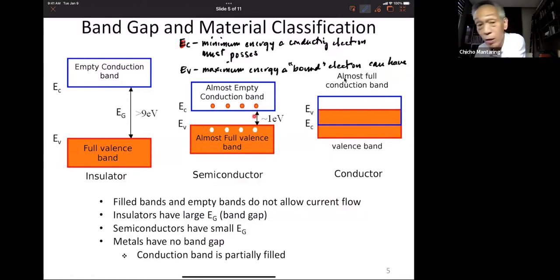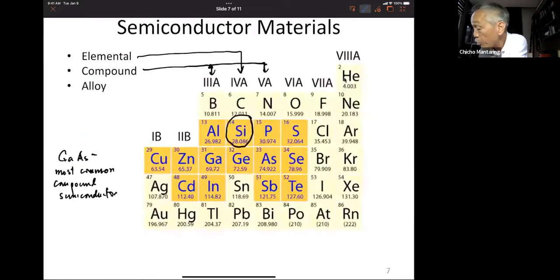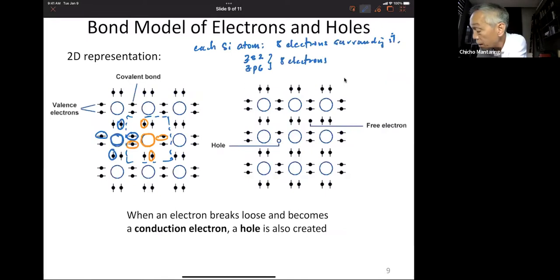When it jumps, it leaves a gap. We call this a hole, and now here you have a free electron. This free electron is no longer associated with any particular atom. It is free to roam around the solid. And then here we have a hole.